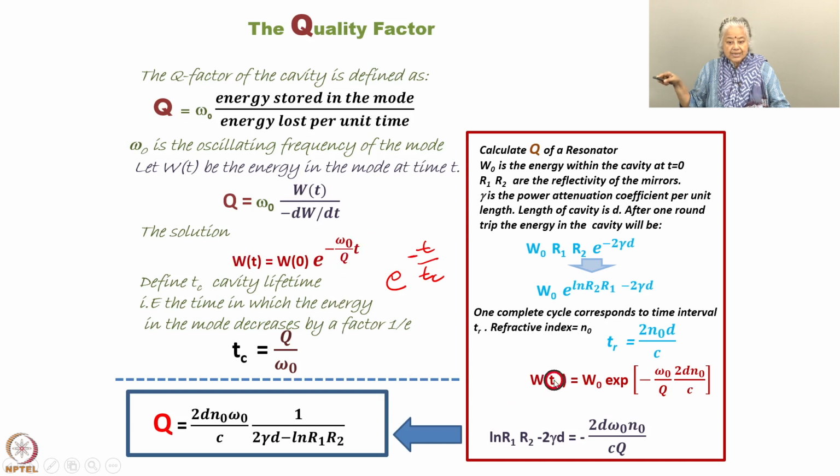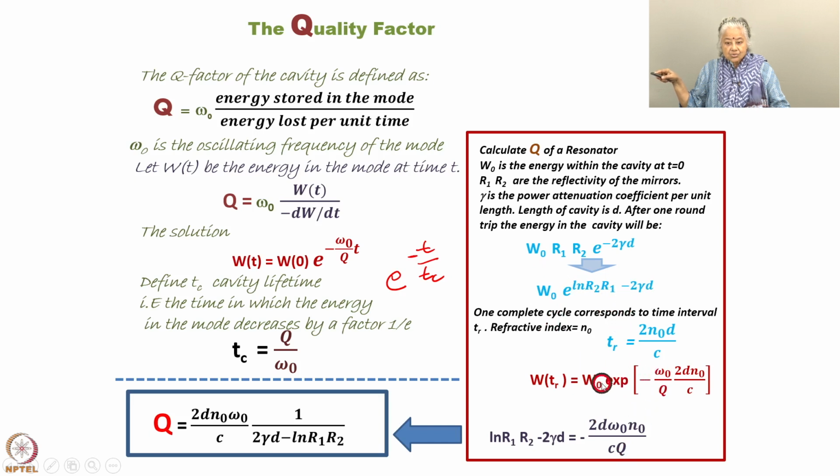So, substituting TR in this red equation, you get this sort of a thing. Now, compare this red equation with this blue formula. Just compare it, they both look about the same.